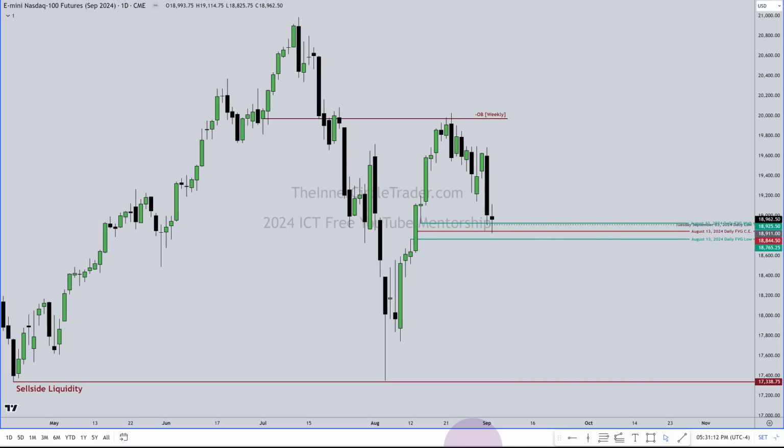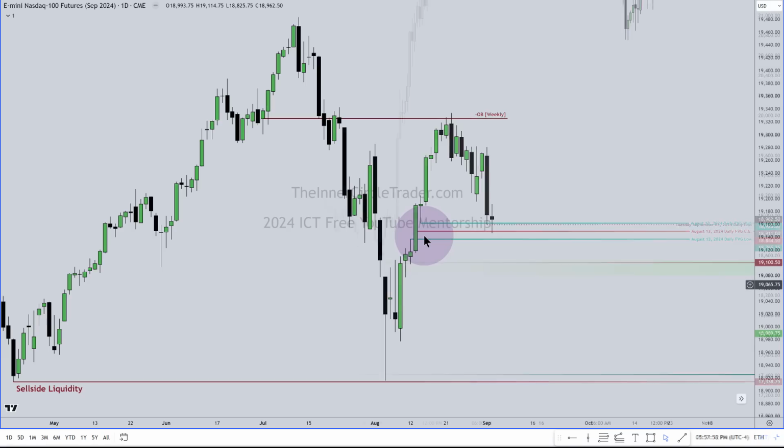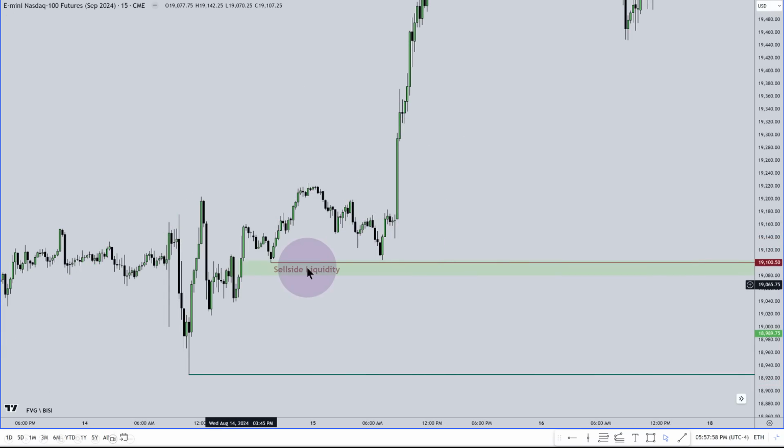All right, here's the daily chart on NASDAQ. So I covered the fair value gap here in yesterday's review. And this shaded area here is yesterday's fair value gap that I mentioned during the markup.